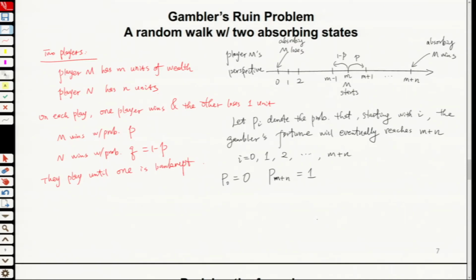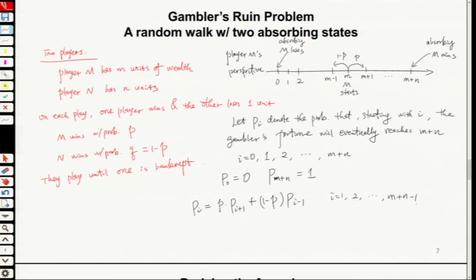What happened in the middle when we get started with Pi? So Pi is obviously still a total probability rule. We can still go to the left or the right. What is the probability to go to the right? It is P times Pi plus 1, plus 1 minus P times Pi minus 1. And this is true for I equals 1, 2 to m plus n minus 1.